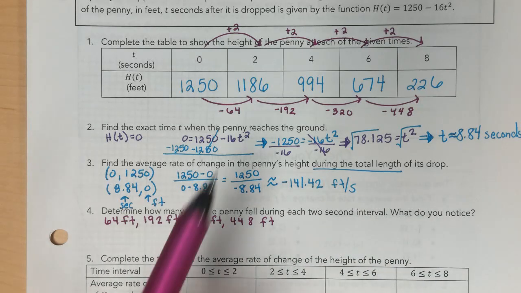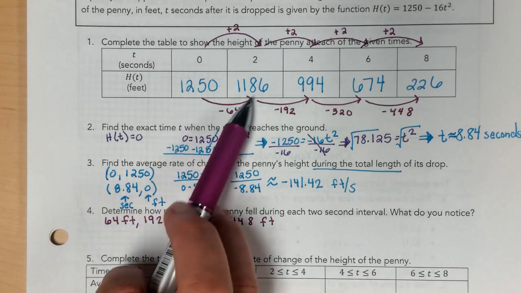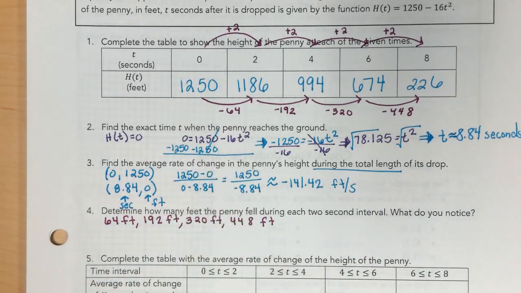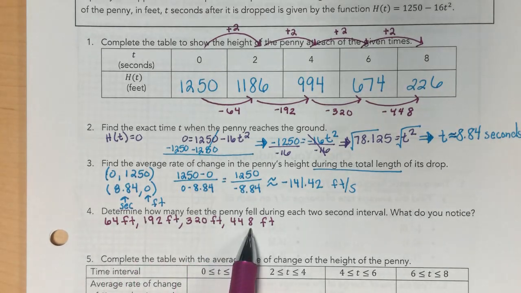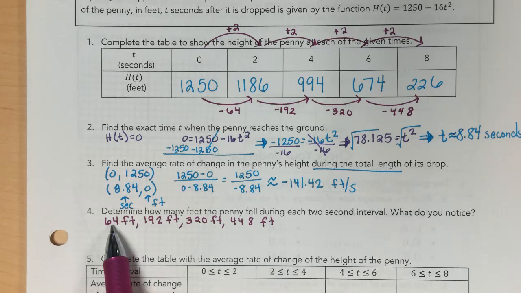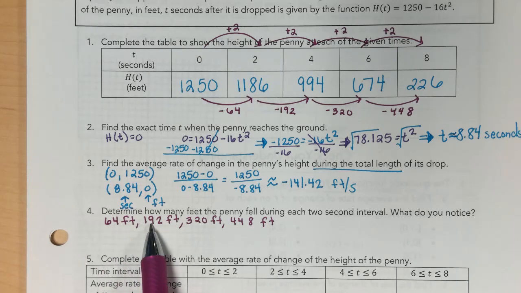Okay, so look. Here there's a negative, and the reason there's a negative is because it's falling. Here, are they negative? No. Okay, so what do I notice about 64 to 192 to 320 to 448? So it's falling faster or further every time, right?